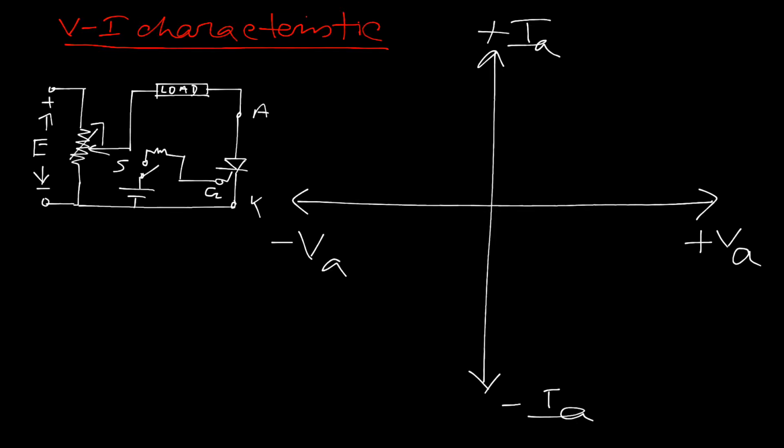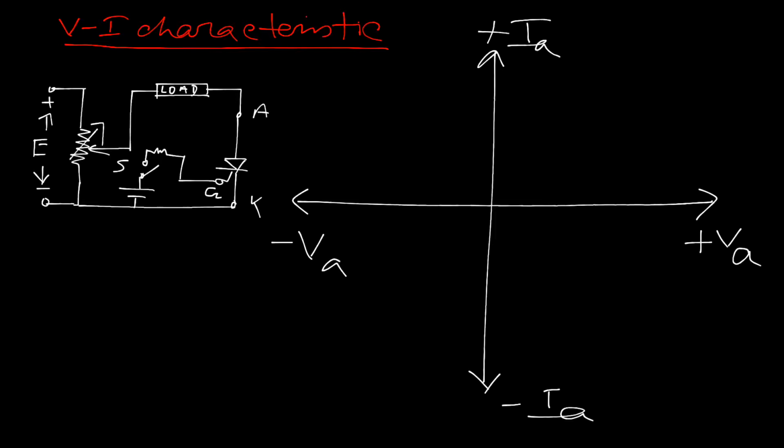In the initial case, we give a small amount of biasing. Due to the presence of the junction J2, a small amount of leakage current starts flowing. As we increase the biasing voltage, the leakage current increases. After increasing to a certain value, when the voltage reaches a critical amount at which the depletion layer of the junction J2 vanishes, the device is in the on state. We are going to plot the same thing in the VI characteristics.